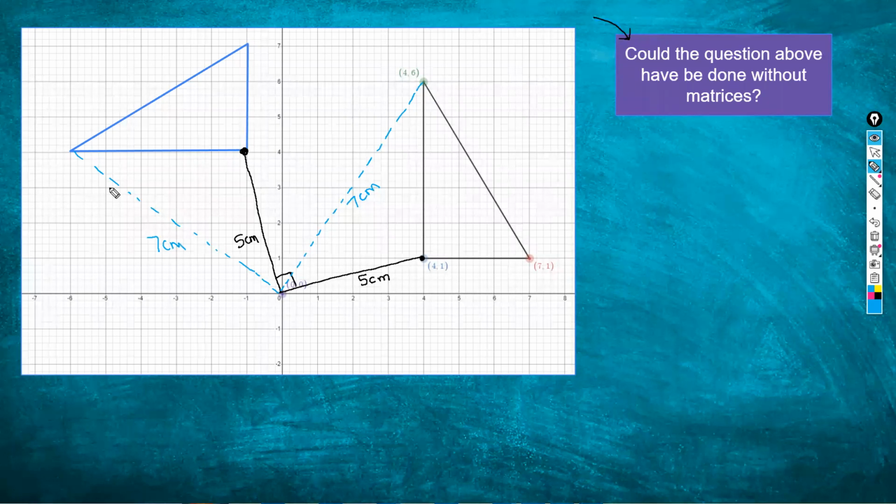So for rotation questions, there are two ways you can do it. You could use the matrices, or you could use the drawing method. Most of the time, the examiner will specify which method he or she wants, whether it's calculations, that is matrices, or using a drawing method.